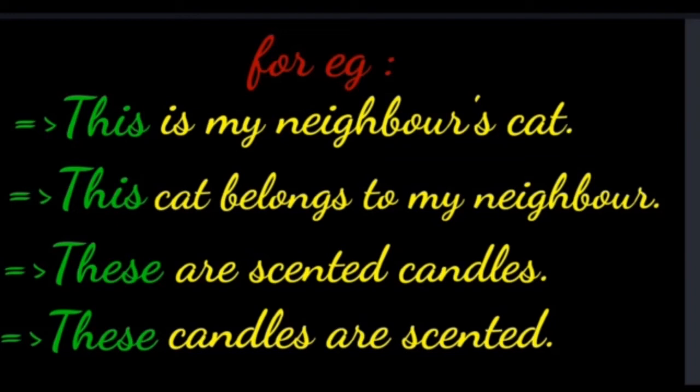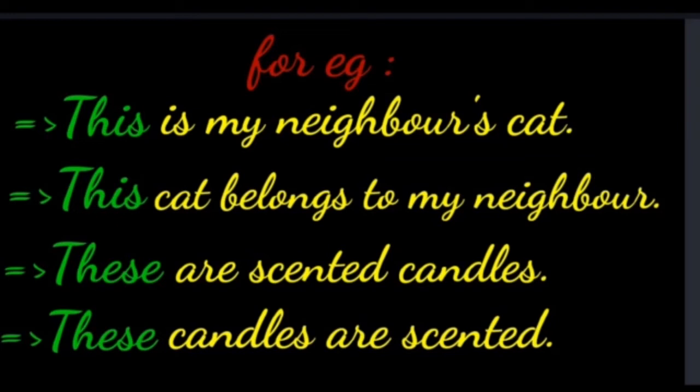In the first sentence in each pair, this and these refer to the nouns cat and candles respectively. They are demonstrative pronouns.